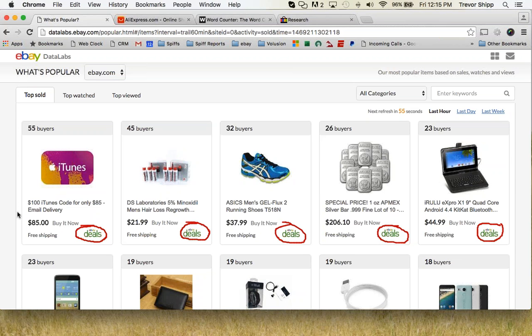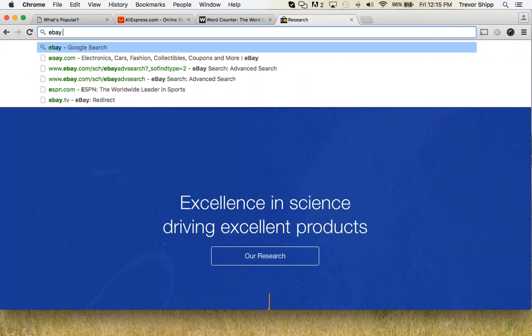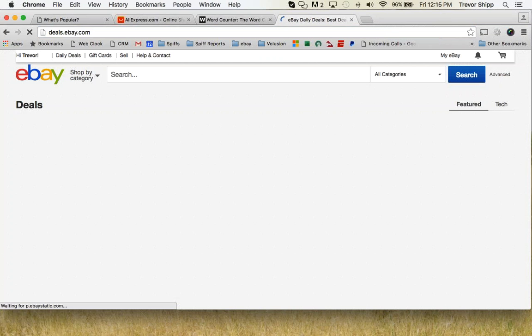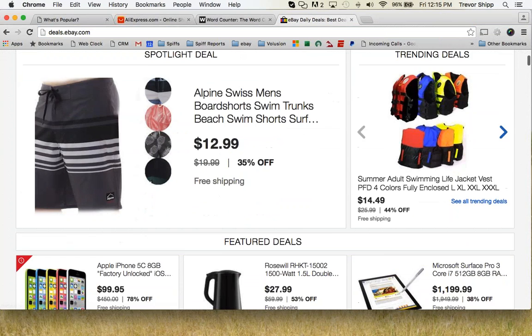You guys realize eBay Deals is something that eBay promotes pretty aggressively, right? I don't remember how much I talked about this last time, but I'll show you what the page looks like. It's called deals.ebay.com, and they promote this stuff like crazy.